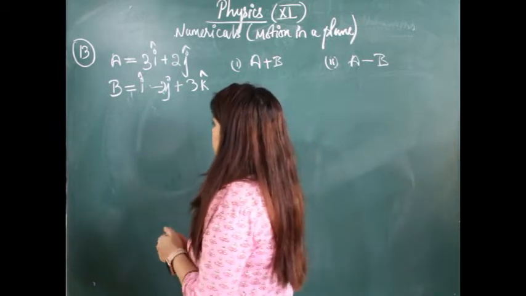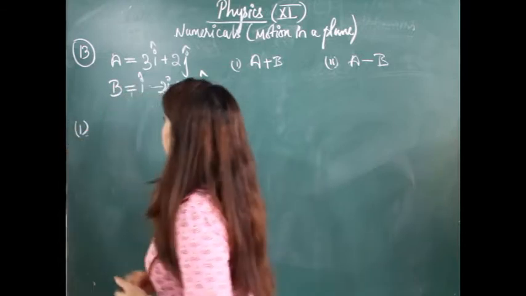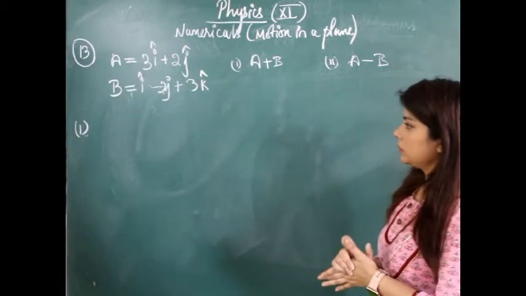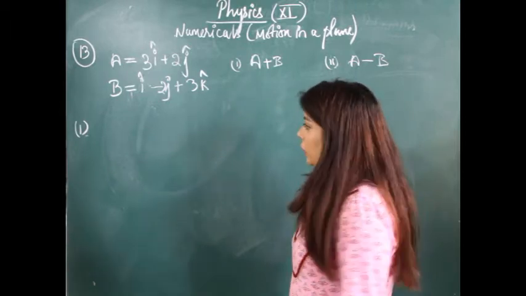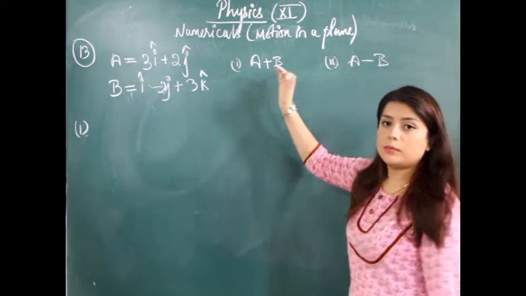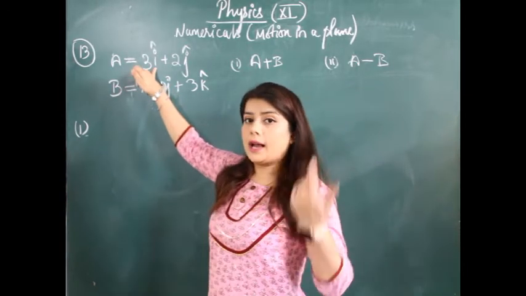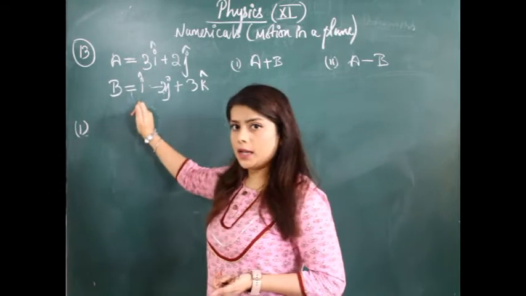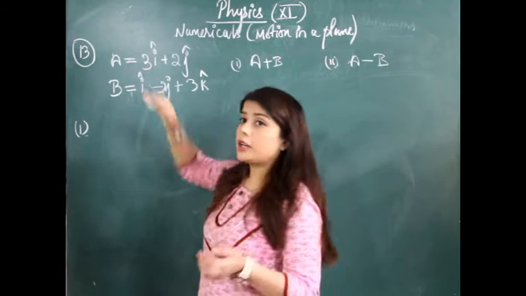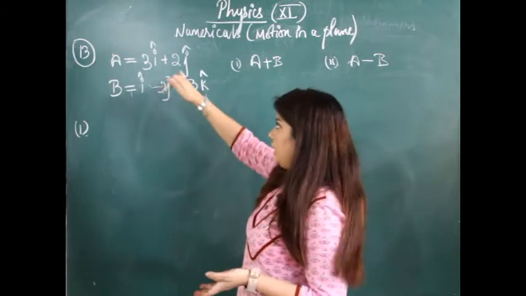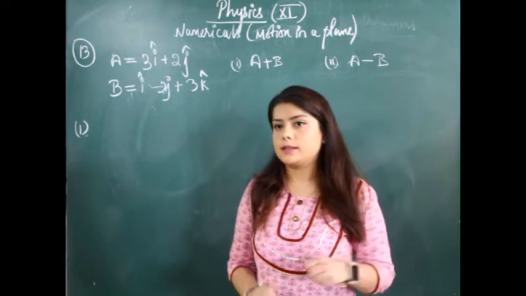Now, for the first part, adding two vectors A and B: when we add vectors, i can only be added to i, and i cannot be added to j. As I have told you, i is the direction along the x-axis, j is along the y-axis, and k is along the z-axis.